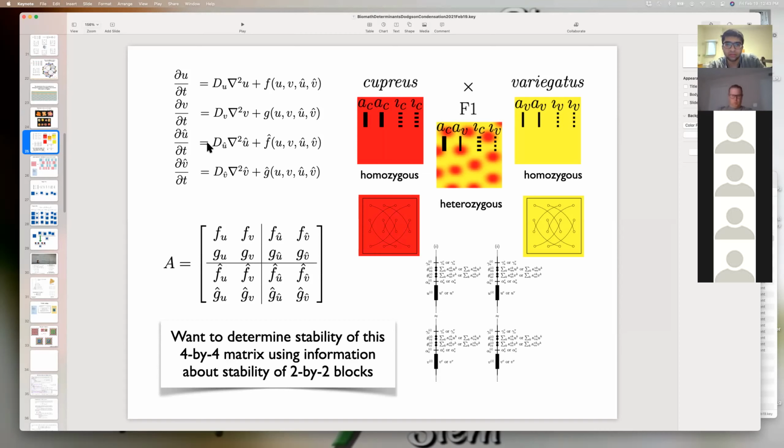Because eventually you are going to do linearization, so which equilibrium are you going to linearize around? So yeah, okay, you're exactly right. We haven't really gotten to that part of things yet.